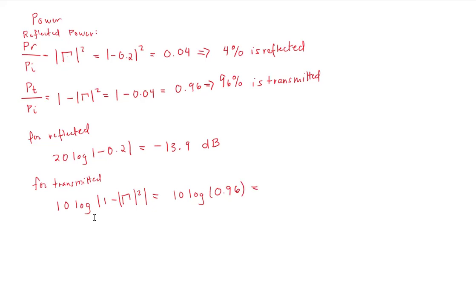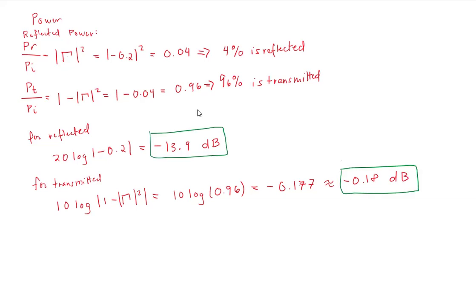That comes out as negative 0.177, or just round it off to negative 0.18 dB. The power for transmitted and reflected waves in terms of decibels.